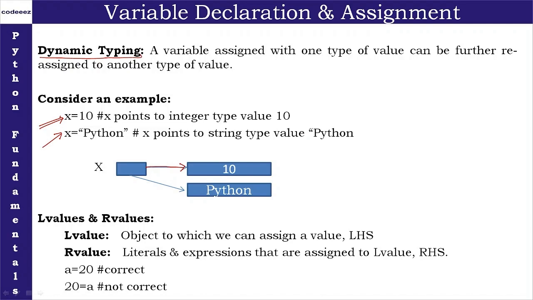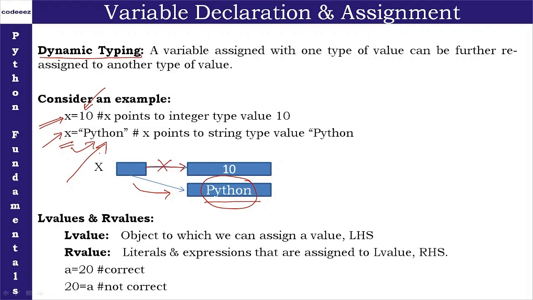In the very next line, the same x is now having the value Python. Now what will happen? This link will be broken and a new reference will be created, pointing to a new location in memory where the value Python is stored. Means in this same code, at one moment x was pointing to an integer value and now it is pointing to a string value.